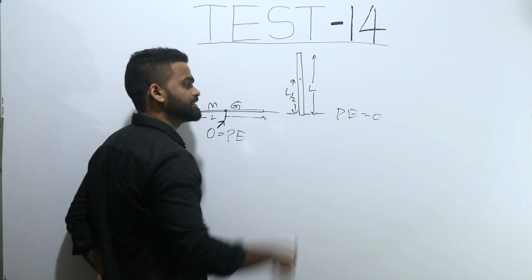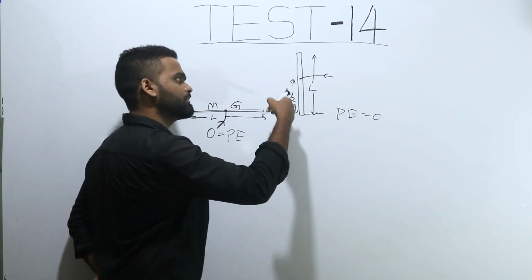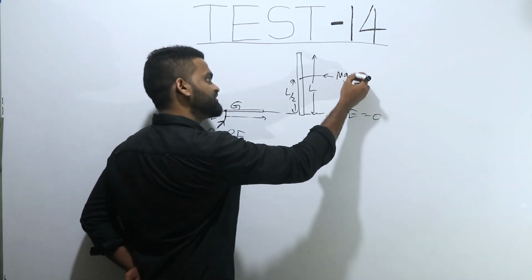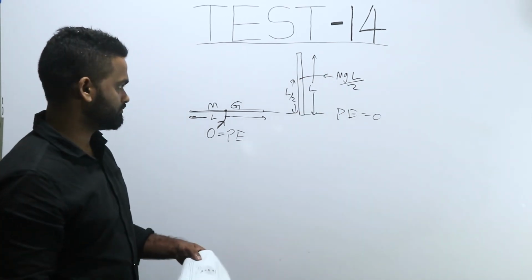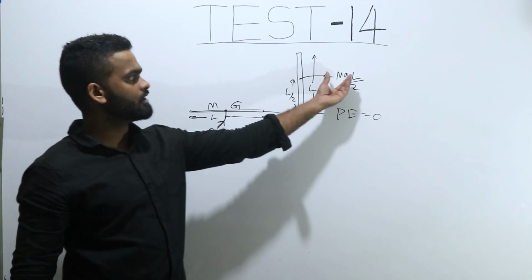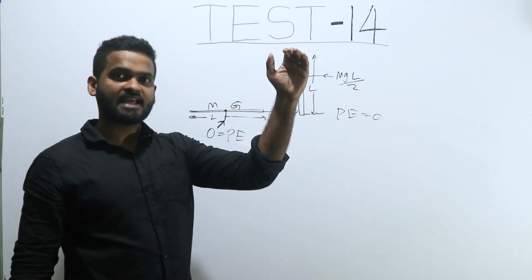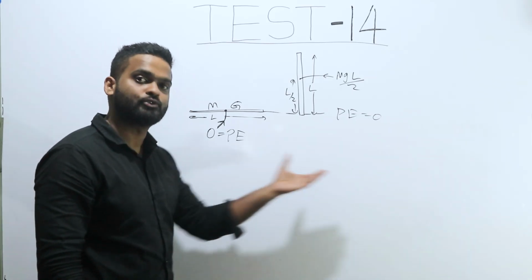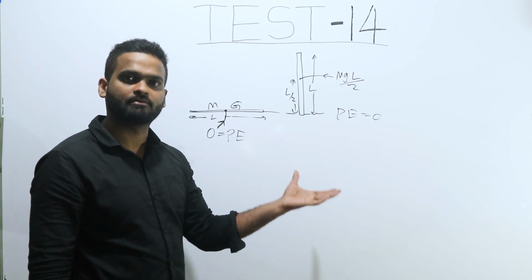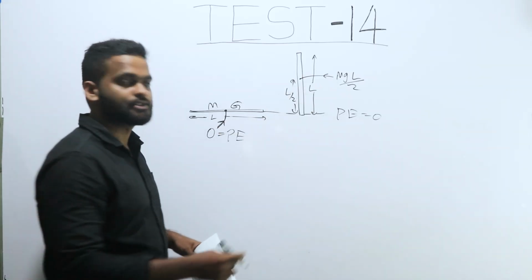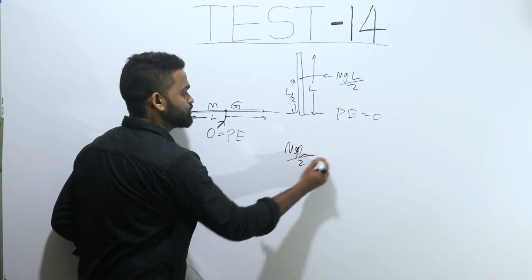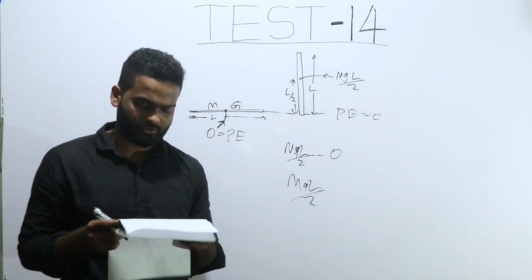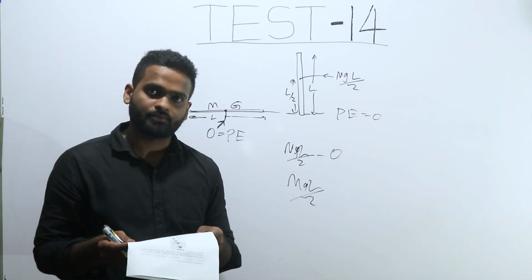That should be L over 2 distance. So for that to happen, required potential energy is mgh. H is L over 2. So from 0 to mg L over 2, the potential energy has increased. So to increase that amount of potential energy, we have to do work. So the work provided should be equal to this increase of potential energy. So this is mgL over 2 minus 0, which is mgL over 2. So that is the work required. Second one for the 9th question.